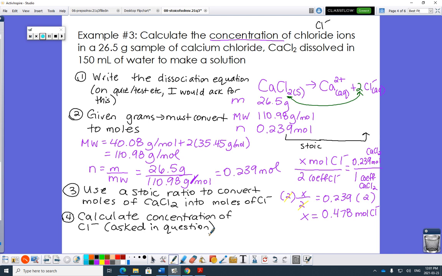Like the next example, we're going to do moles, but then back to mass. So you just have to read the question carefully. The last step might not always be the same. Okay?